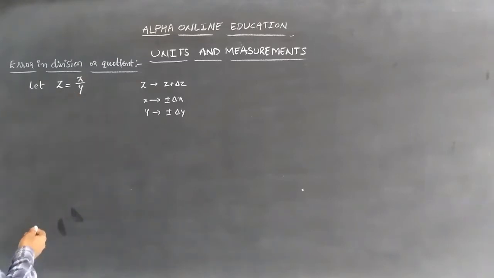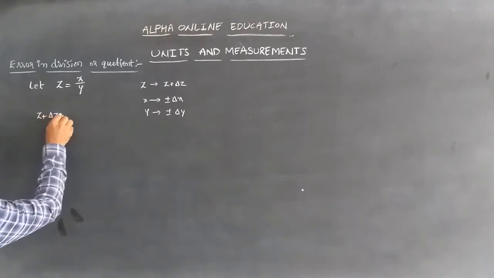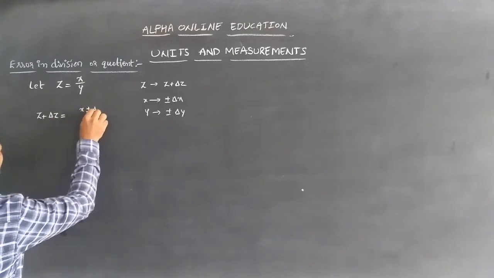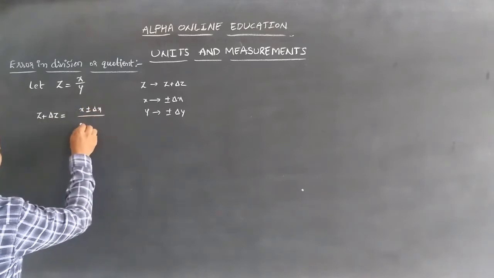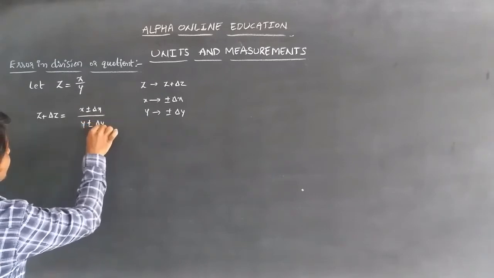So, to know the error in division in this equation, we get z plus delta z, which is equal to x plus or minus delta x by y plus or minus delta y.